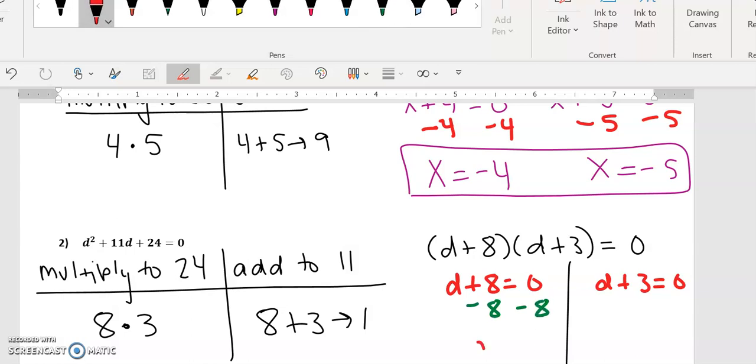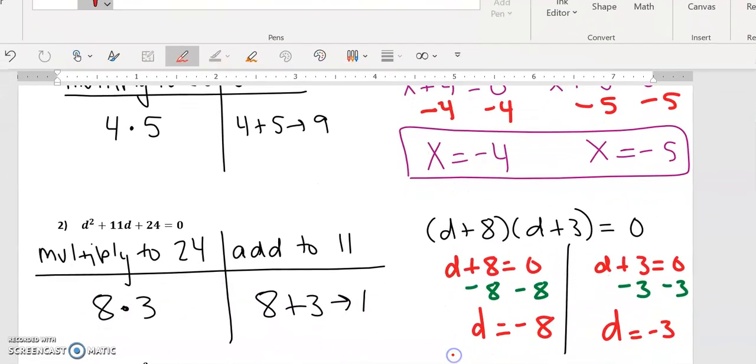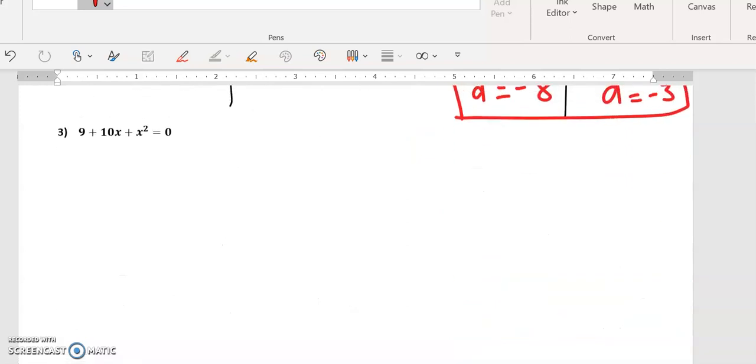If I wanted to get d alone here, I would subtract 8 from both sides, and I get d is -8. If I want to get d alone here, I subtract 3 from both sides, and I get d is -3. So this quadratic has two answers. d is -8 and d is -3. Number 3.